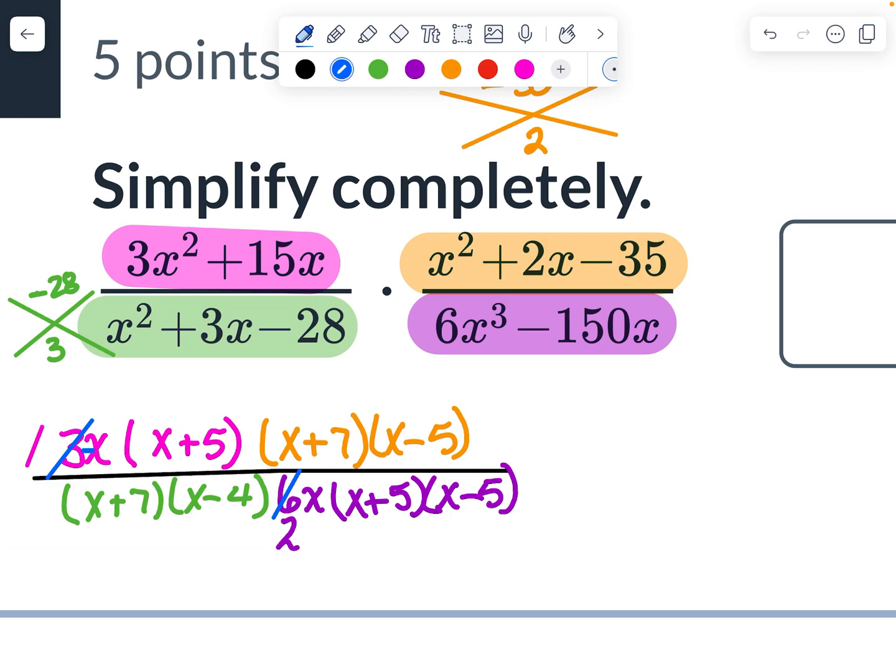This x will reduce with this x, they'll cancel. The factor x plus 5 cancels the factor x plus 5. The factor x minus 5 cancels the factor x minus 5. And the factor x plus 7 cancels the factor x plus 7.